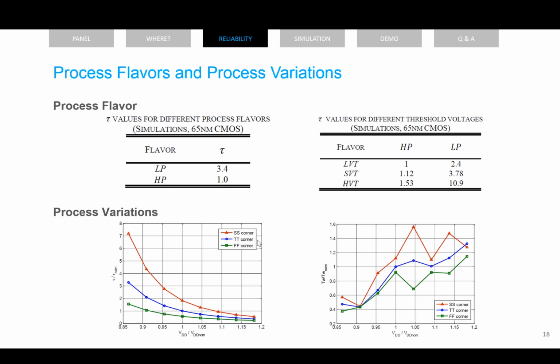So if we take as reference the low VT with high performance, which has the lowest resolution time constant, then for the low power HVT transistor, you will have about 10 times a higher tau that, as you saw in the example, can lead to extremely high mean time between failures.